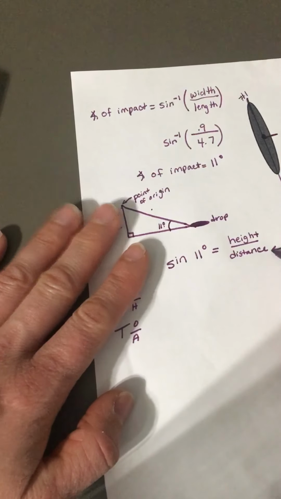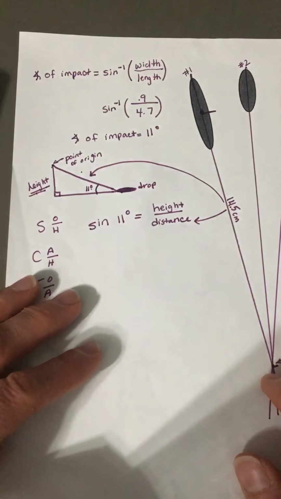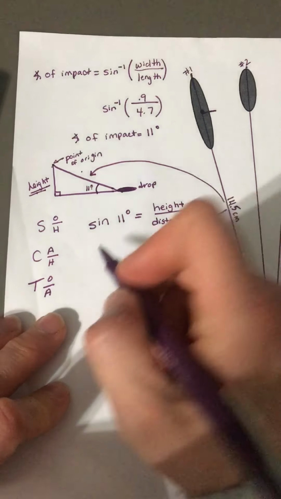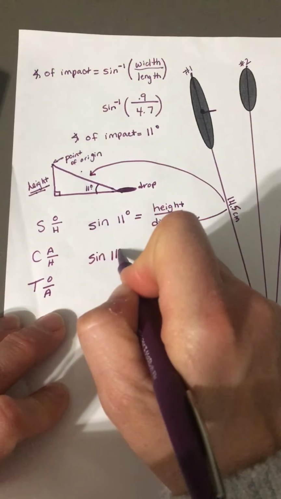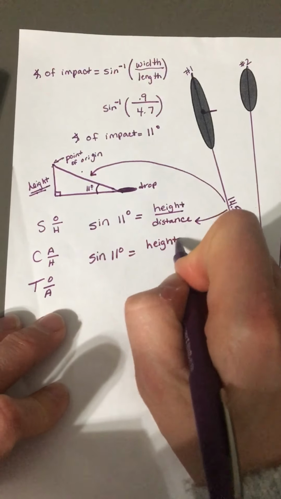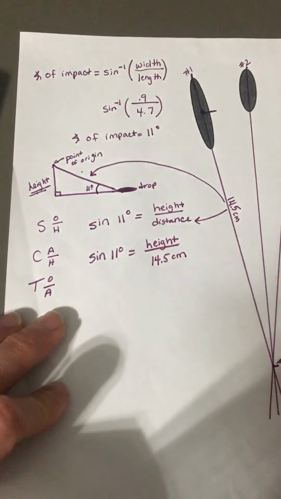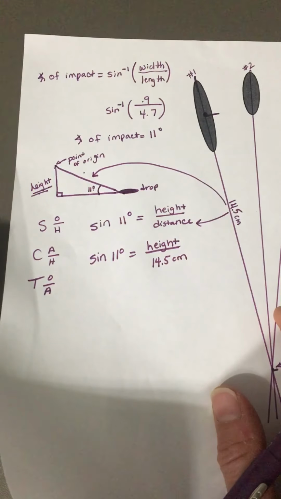That is this distance in the diagram. So the sine of 11 degrees: the height is my unknown, the distance is known, 14.5 centimeters, and I can solve for that.